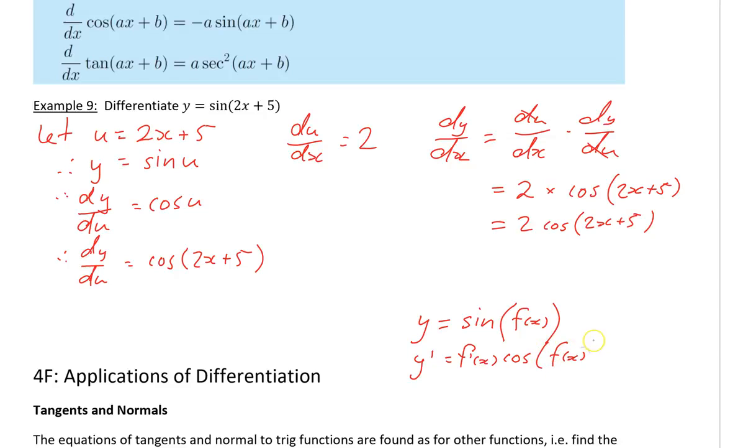That's going to be true for cos as well, except we get the negative sine. In fact, this is how our chain rule works, or a function of a function, it's sometimes described.